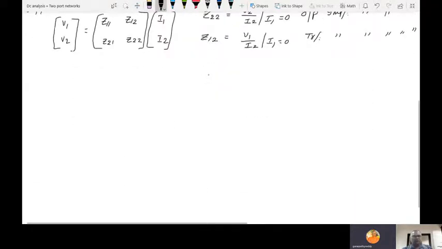After Z, Y parameters. Y parameters, or short circuit parameters, or admittance parameters.